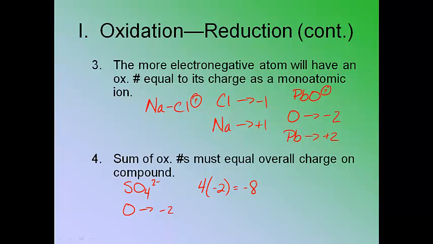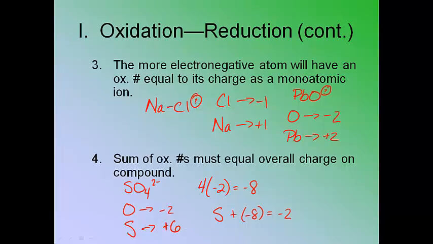Okay? Now, I treat this like an algebra formula to figure out what the sulfur would be. So I say sulfur plus that -8 of the oxygen is equal to an overall charge of -2. Therefore, sulfur must be, please tell me you're not pulling out your calculator right now, sulfur must be +6. Mental math, people, mental math.